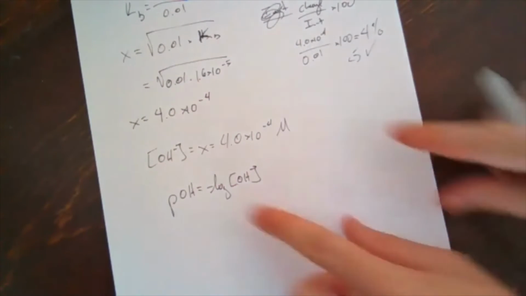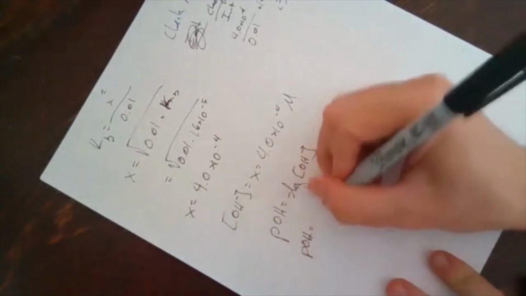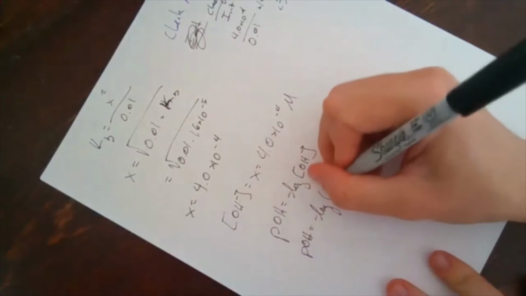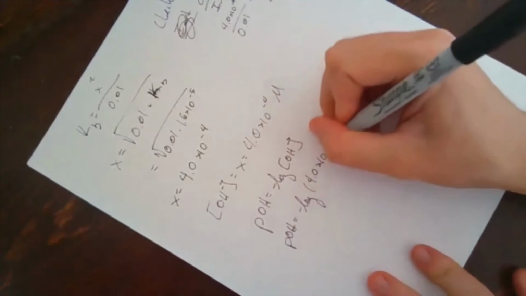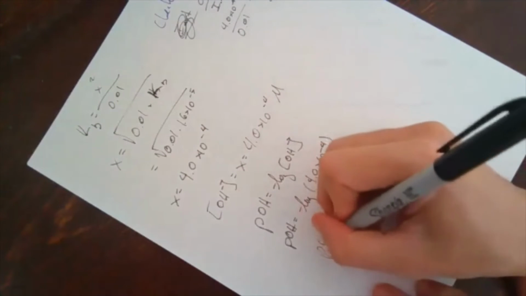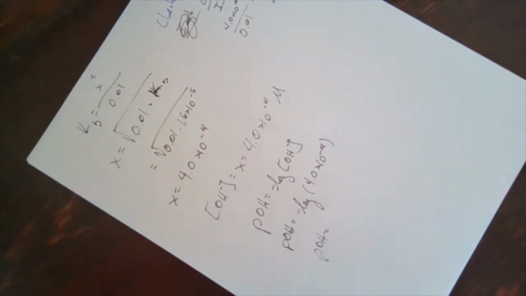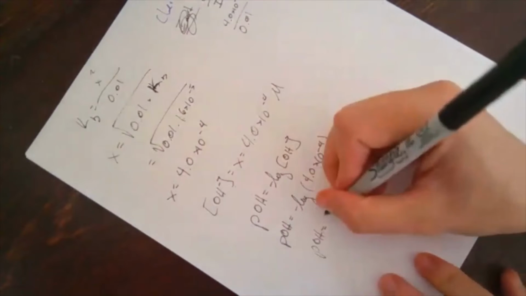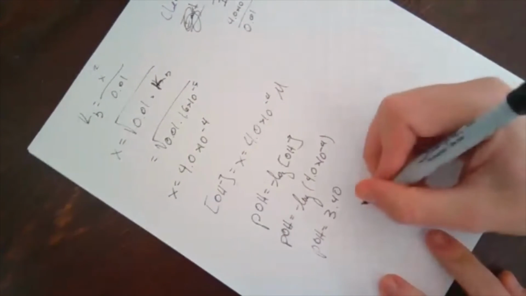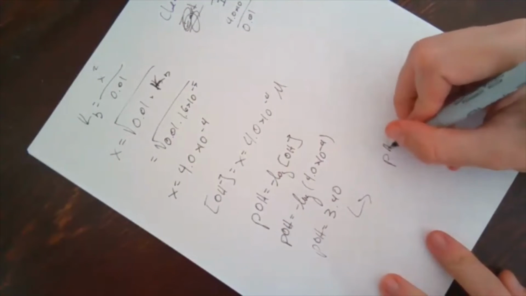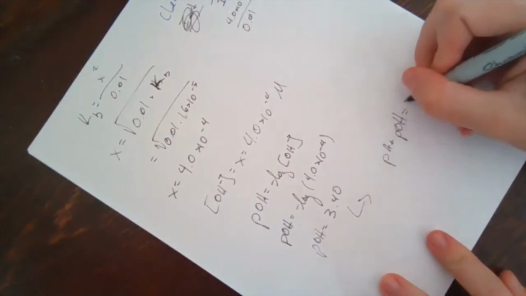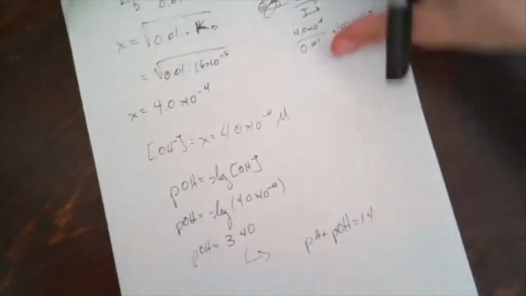So we have two strategies. We can either calculate the pOH first. So in this case, pOH is the negative log of 4.0 times 10 to the negative 4, and we would get that the pOH is equal to 3.40. And then from that, we can use the fact that pH plus pOH is equal to 14.